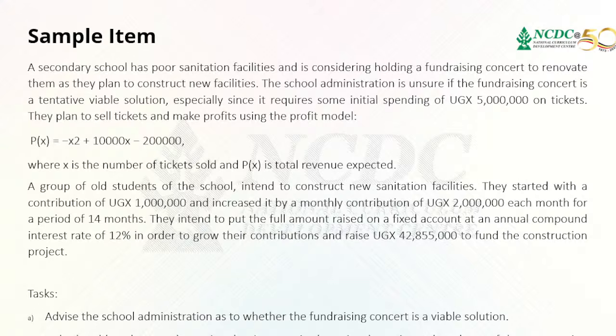They intend to put the full amount raised on a fixed account at an annual compound interest of 12% in order to grow their contributions and raise 42,855,000 to fund the construction project.